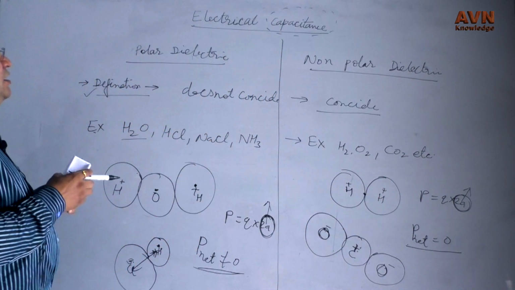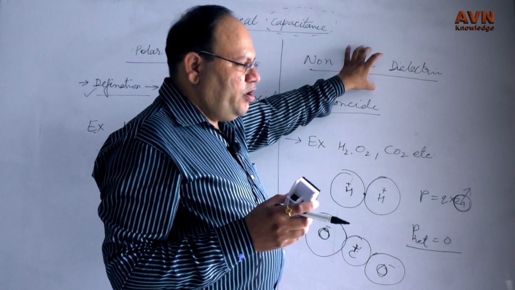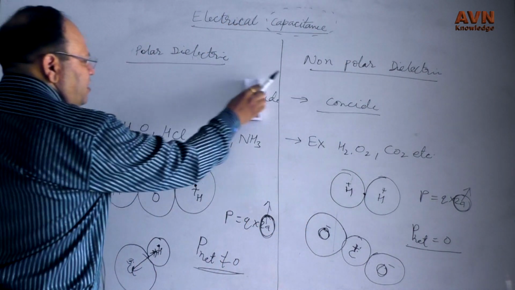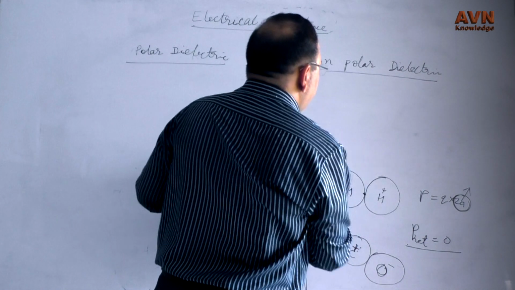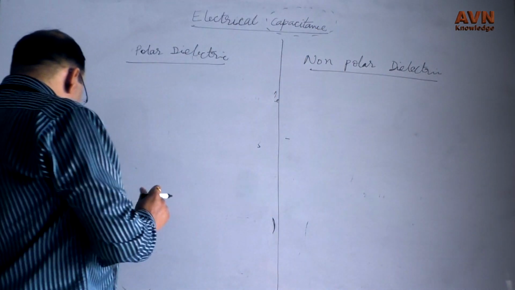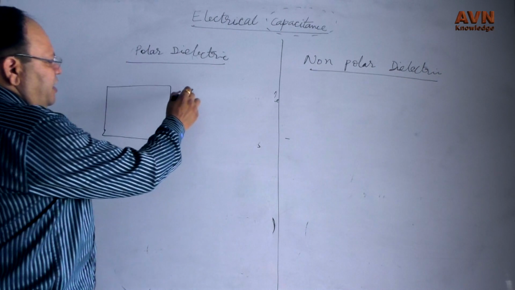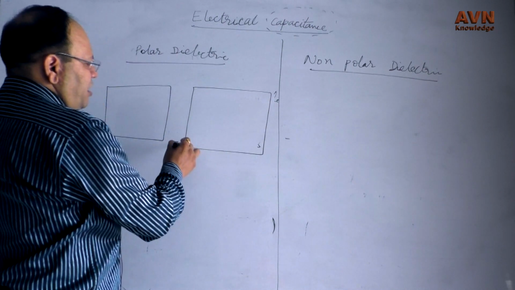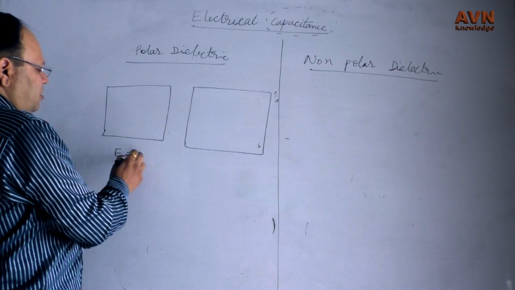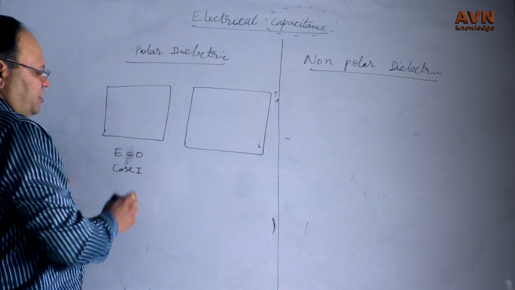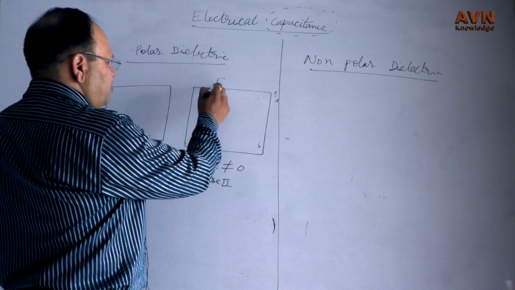Next we see the effect of an electric field on a polar dielectric and the effect of an electric field on a non-polar dielectric. So this is a substance of polar dielectric, and we consider the electric field. Case first is the electric field is not applied, meaning the electric field is 0. Case second is the electric field is applied, meaning the electric field is not 0.